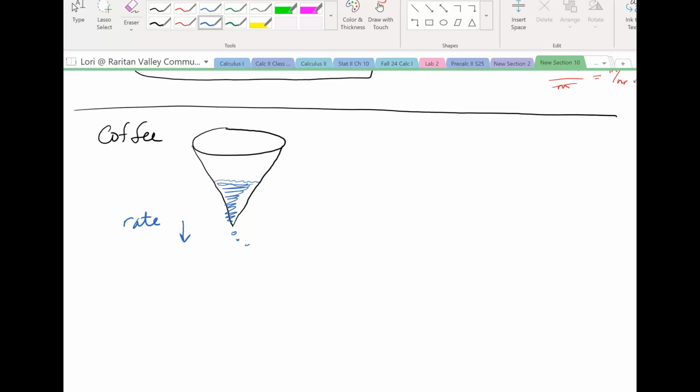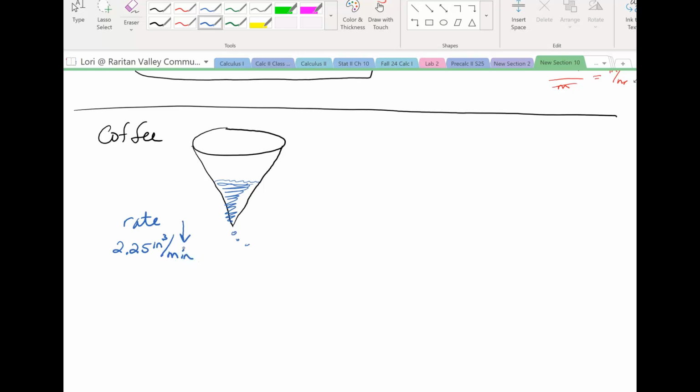Let me pause for a second and check that. Yeah. So it's at a rate of 2.25 inches cubed per minute.